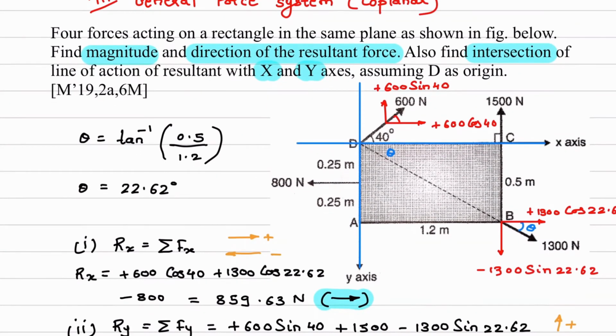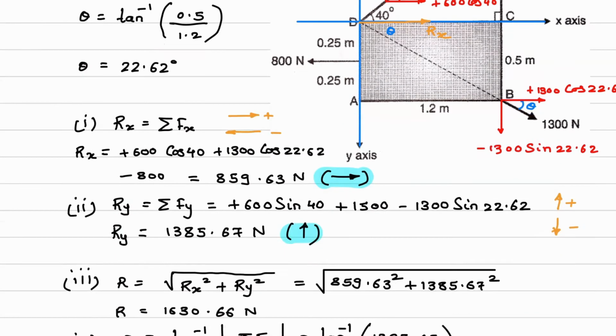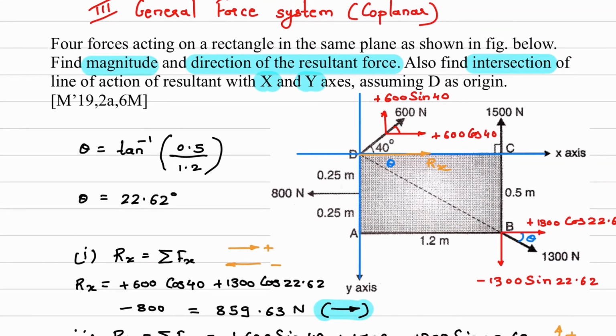We'll use the same diagram for the understanding purpose. Suppose this is Rx. Rx direction is right, then Ry direction is upward. So based on this, resultant will lie in which quadrant? First quadrant. So I'll draw resultant.